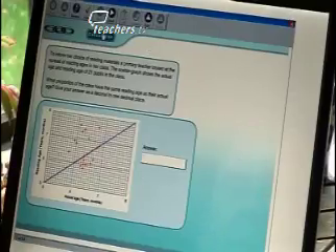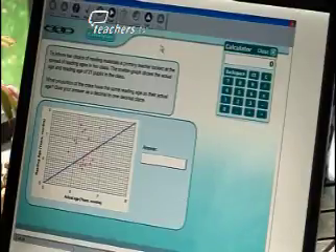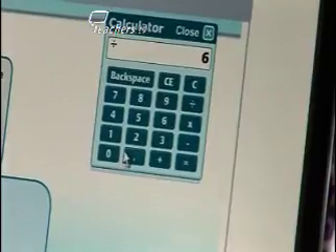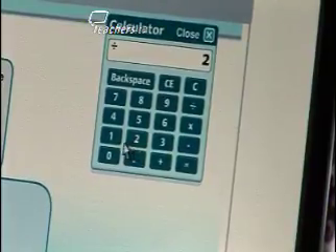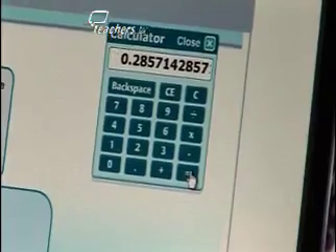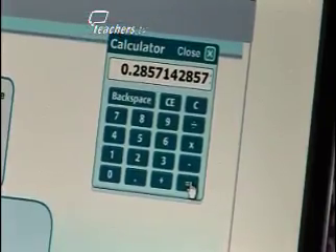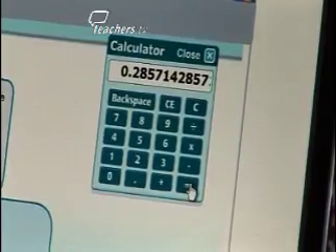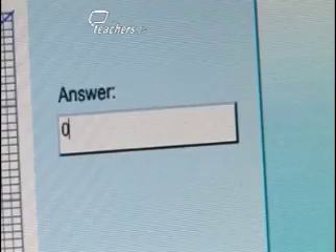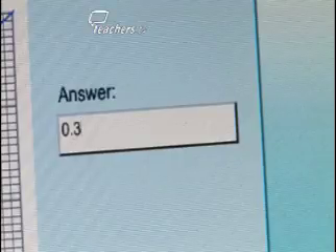So we need the calculator, and we need to have 6 divided by 21. Then we get an answer. In this case, we need to round it to 1 decimal place, and that means our answer is 0.3. And we then put that into the place on the screen, and we move on to the next question.